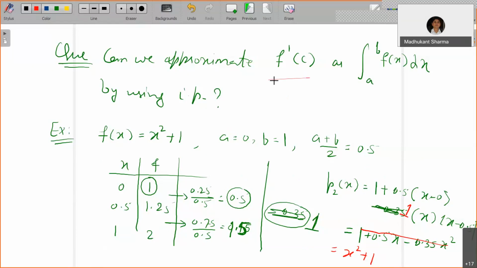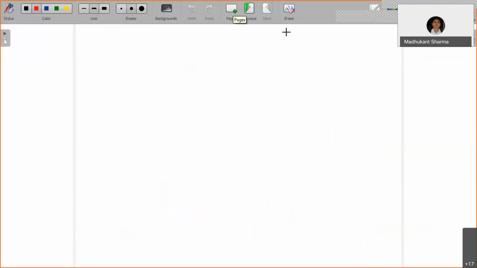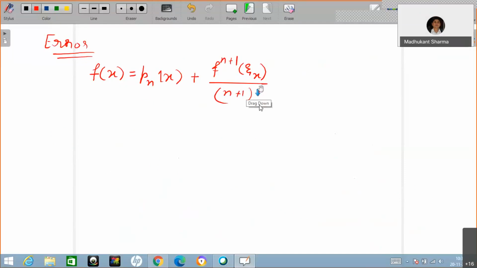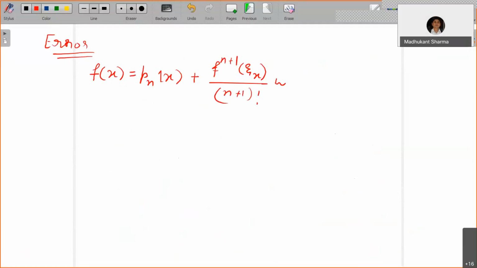Now, if you recall the theorem for polynomial interpolation, the error is f of x equals Pn of x plus the (n+1)th derivative of f at ξ(x) divided by (n+1) factorial times w of x.